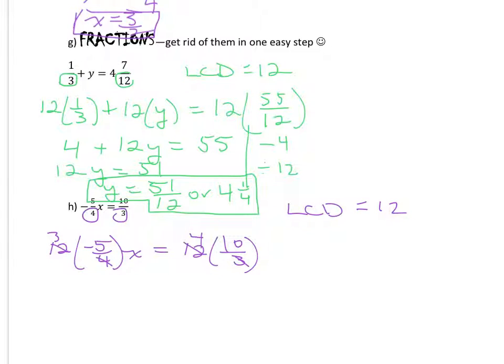on both sides here, our numerators with our denominators, so now I have -15x equals 40, and I'll divide both sides by 15. Actually, divide by -15 because I want what 1x is. So x equals -40 over 15, but we'll simplify that by dividing by 5.